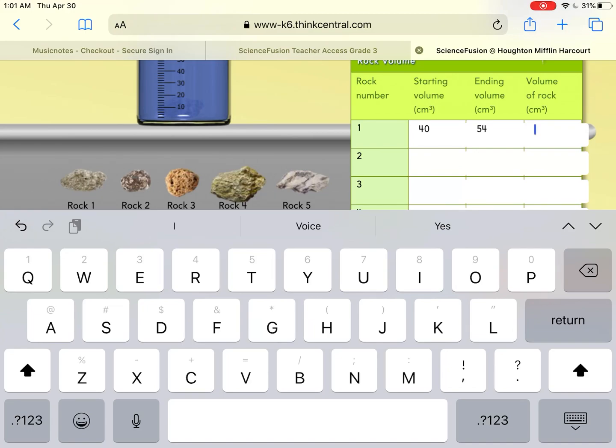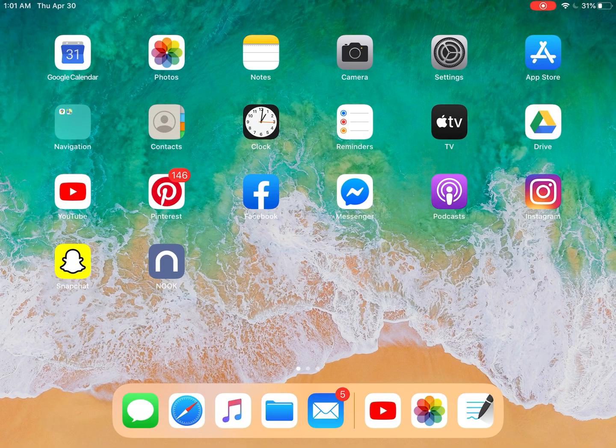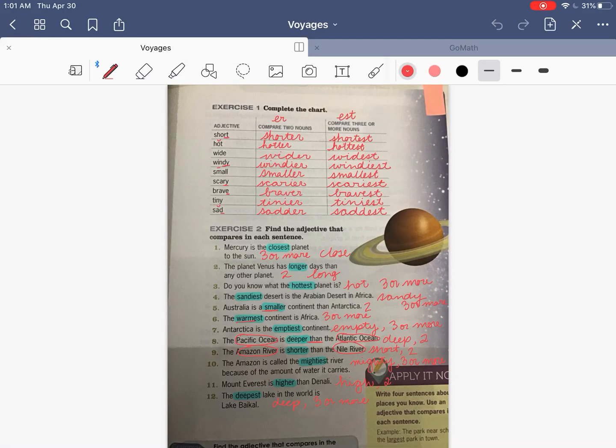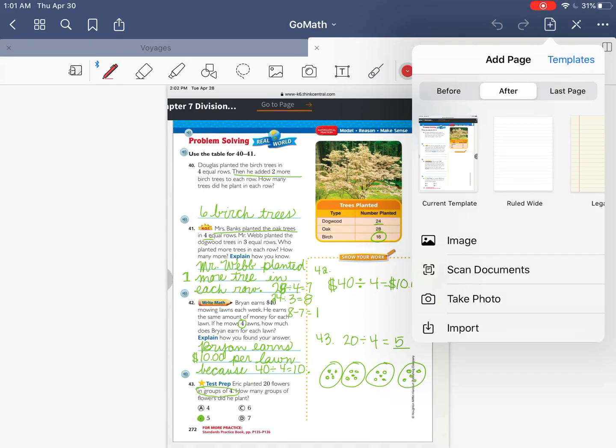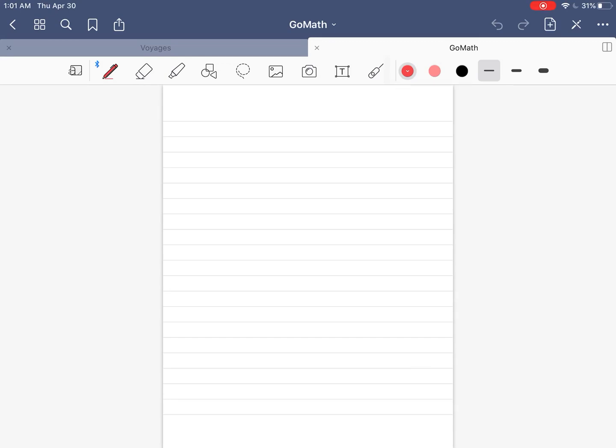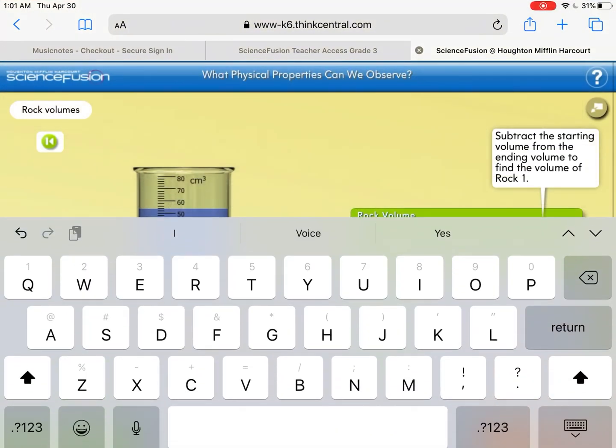Subtract the starting volume from the ending volume to find the volume of rock 1. So I'm going to open up the notebook so that we can write down our problem and do our math.